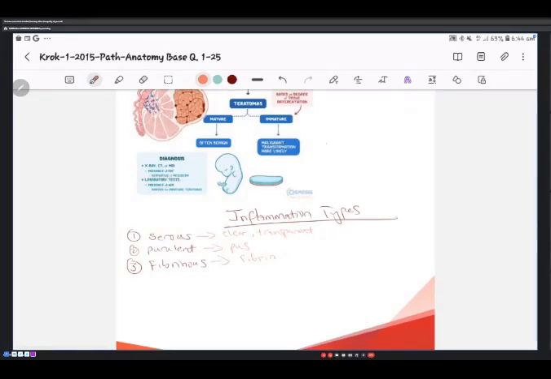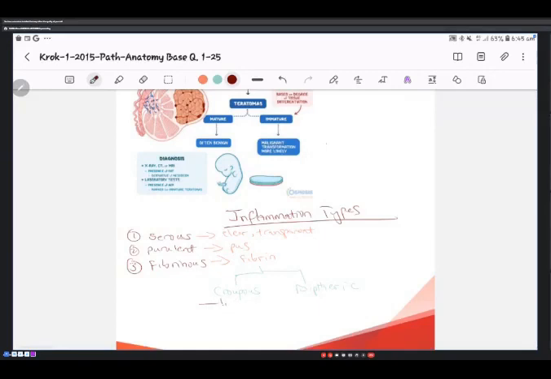So in this fibrin now, there are two types. It can be croupous or diphtheric. For the croupous, it is normally easy to remove.